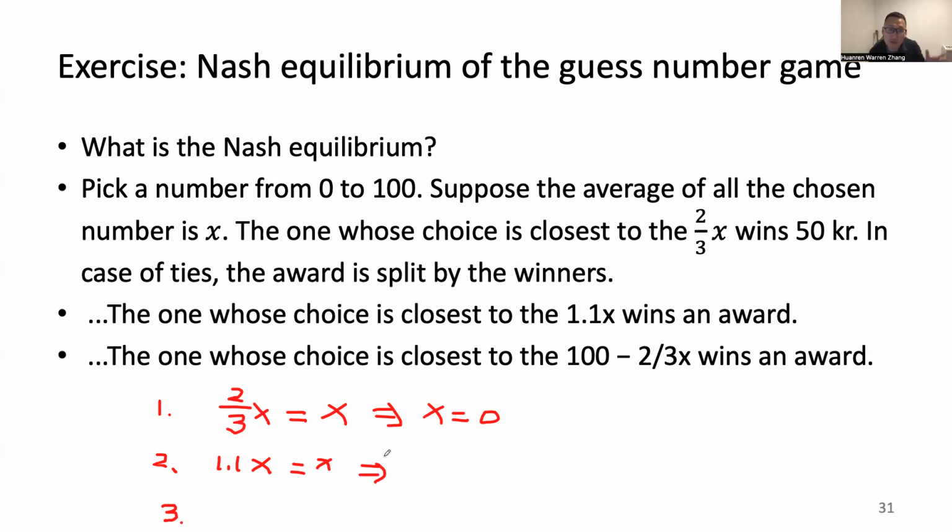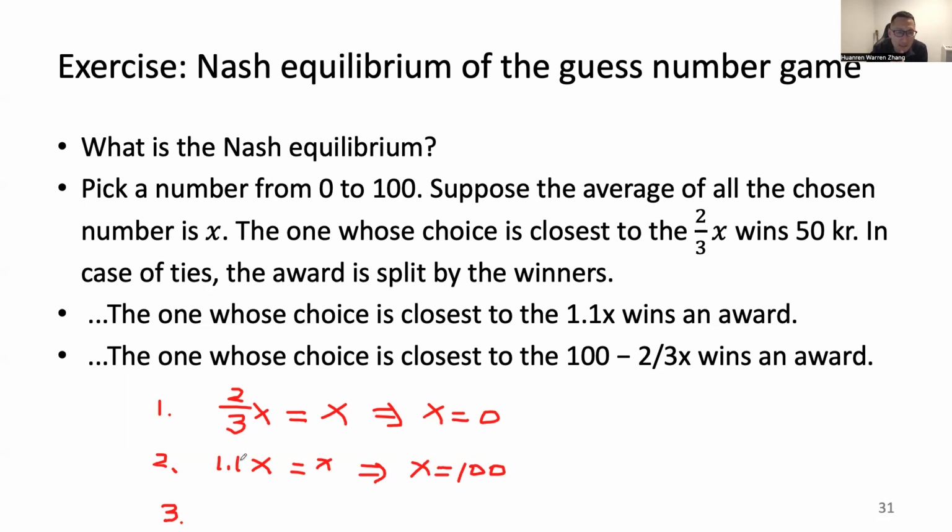So it will increase to the bound. So when x equals 100, then even though everyone would want to increase this number to 110, because the bound is 100, you can actually say that the Nash equilibrium is 100.